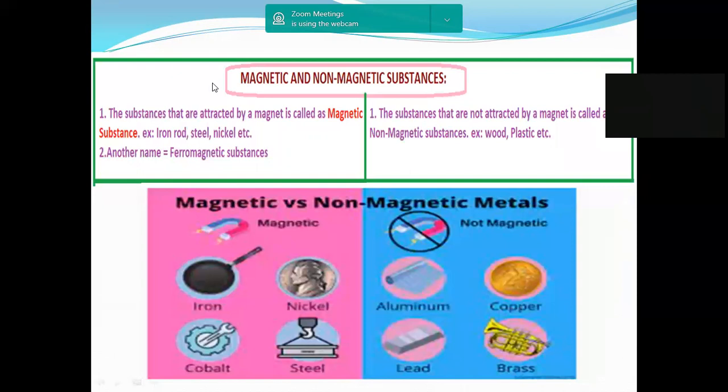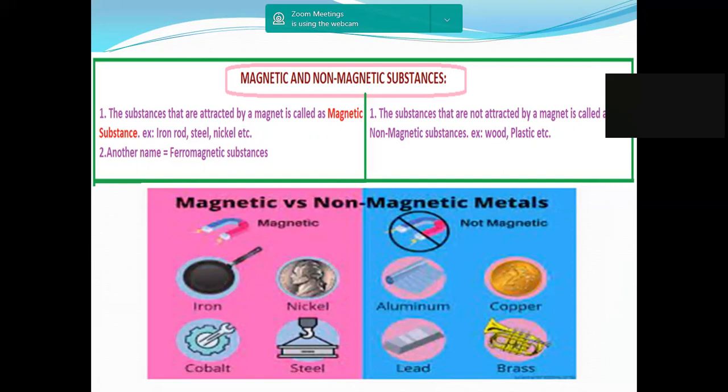Now here is the time to learn magnetic and non-magnetic substances. If you have ever wondered why wood is not attracted to these magnets, your answer is here. Why is your wooden chair, why is your plastic scale not attracted towards a magnet? The answer lies in this slide.